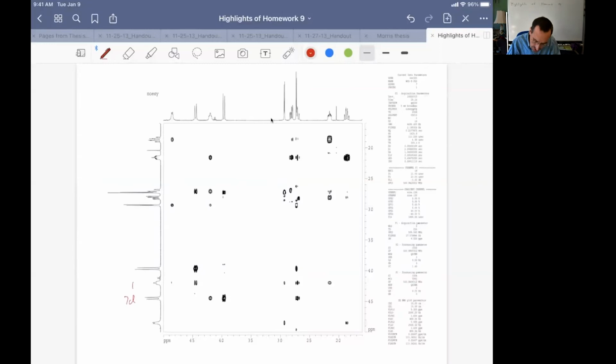So here's 7D, here's 10E, here's 7F, here's 11G, here's 12H, here's 11I, here's 12J, here's 13K, here's 13L, and here's our C. I guess that was C over here in the NOESY. 7D, 10E, 7F, 11G, 12H, 11I, 12J, and 13K, and 13L.